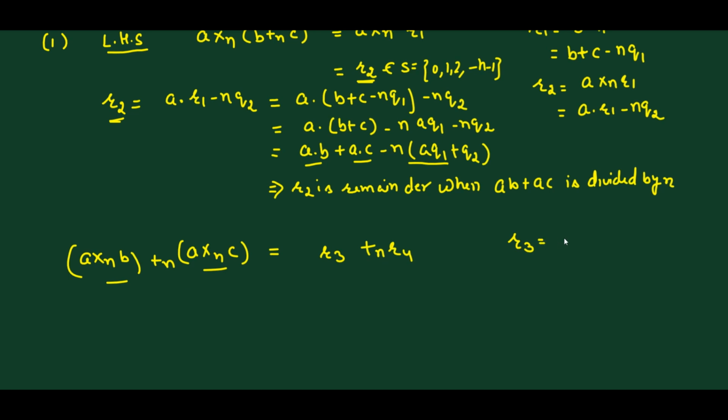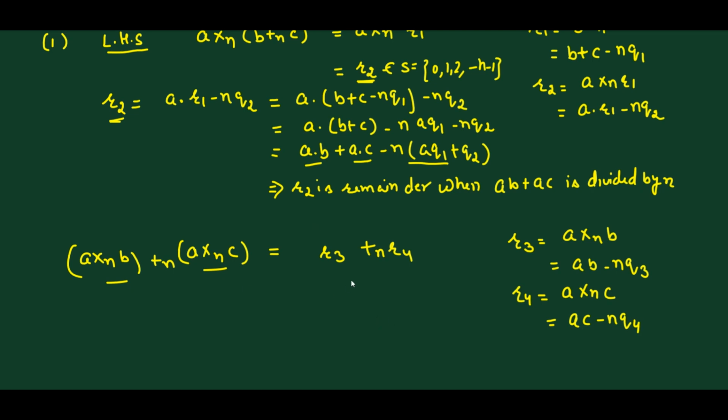R3 is the remainder when A into B is divided by N. So you can write here AB minus NQ3, where Q3 is the quotient when AB is divided by N. Similarly, represent R4 as AC minus NQ4. It means R4 is the remainder when AC is divided by N.